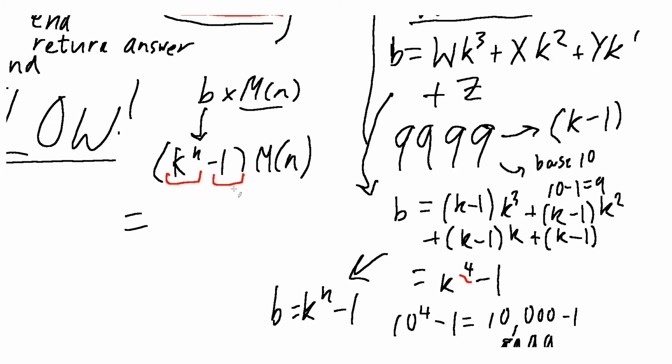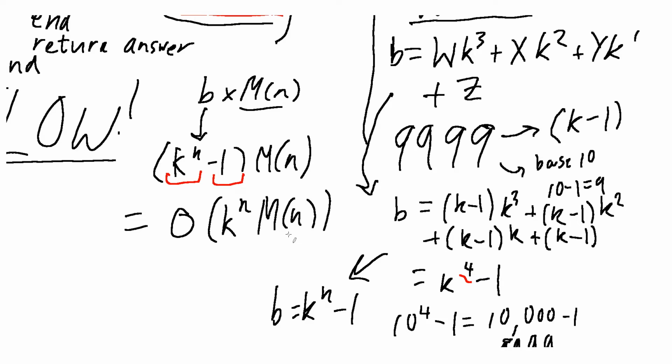Which factor is going to increase faster as n increases? Of course it's k to the power of n, because a constant is always the same, it doesn't grow. So we can ignore the minus 1 and say that the real asymptotic time complexity of this algorithm is on the order of k to the power of n times m of n.